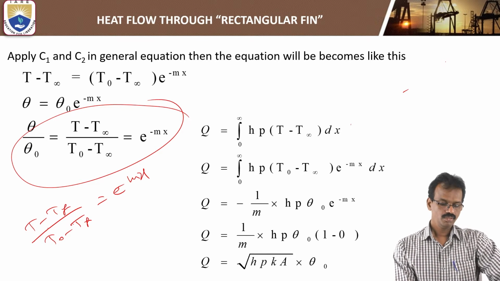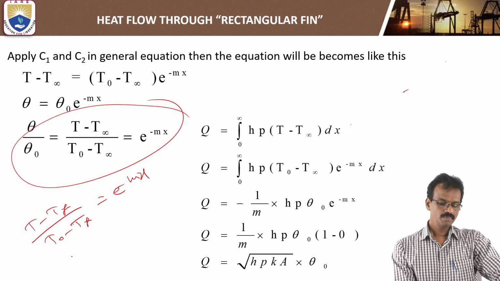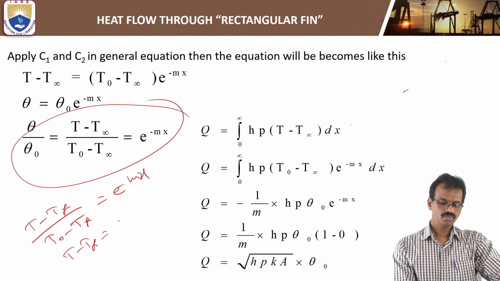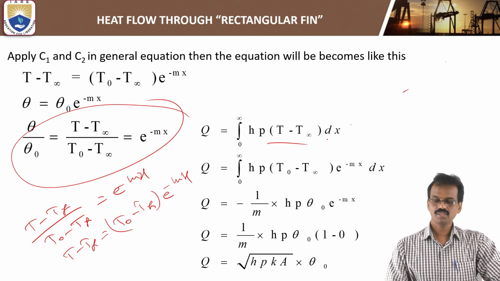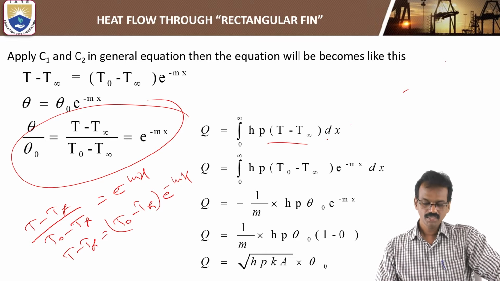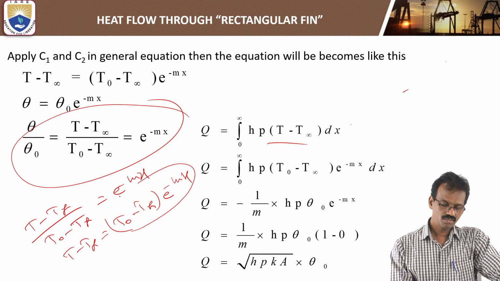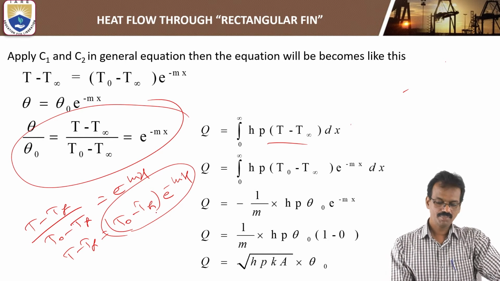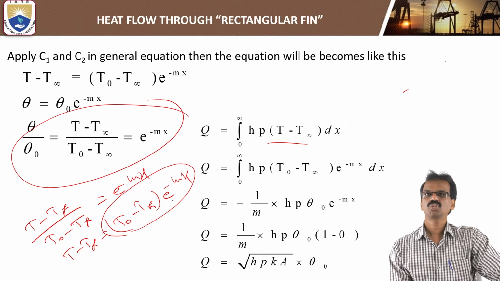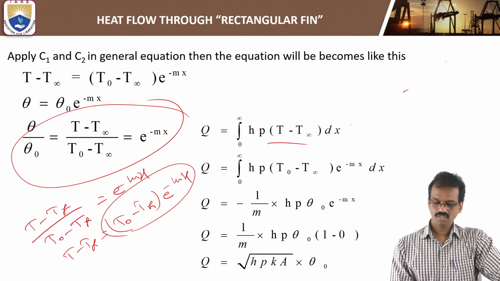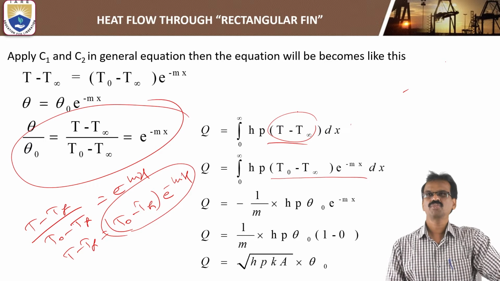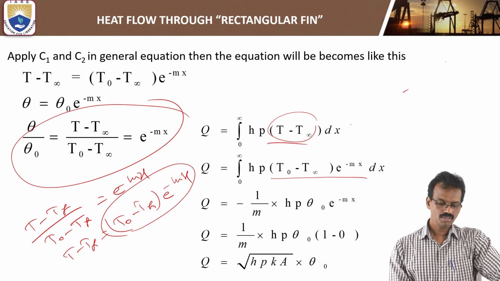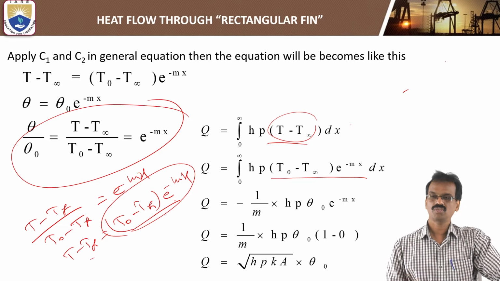It means T minus T infinity is equal to (theta naught minus T infinity) into e to the power of minus mx. Okay, it is the temperature drop T minus T infinity. So in this place you can write the term (theta naught minus T infinity) into e to the power of minus mx, because T minus T infinity is equal to this total.